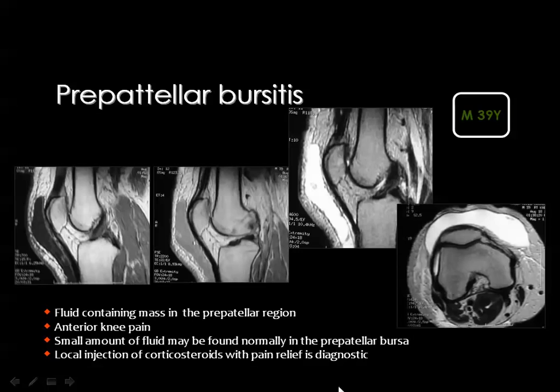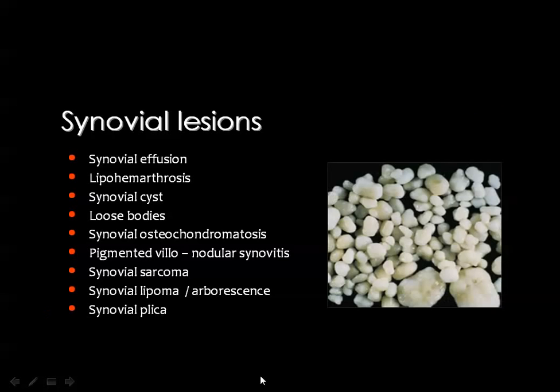This is an example. You see a significant amount of fluid of low signal in the T1, intermediate signal in the T2, and the proton density high signal in the T2, and you can appreciate it also in the axial image.